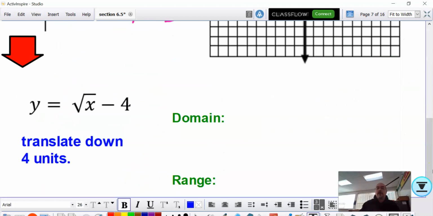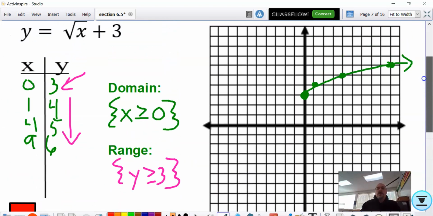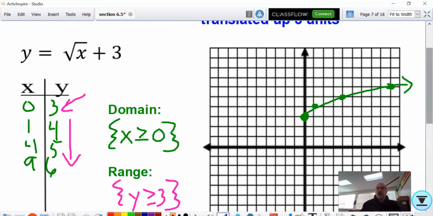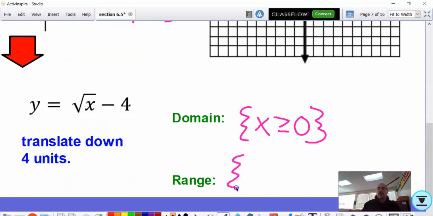Same thing here. But the domain is going to start with 0 and get bigger. I'm trying to rush and then I'm making silly mistakes. So x is greater than or equal to 0. And the range is going to start at -4 and get bigger because all it did was translate down. If you need to use your calculator, look at the calculator. So this is going to be greater than or equal to -4.